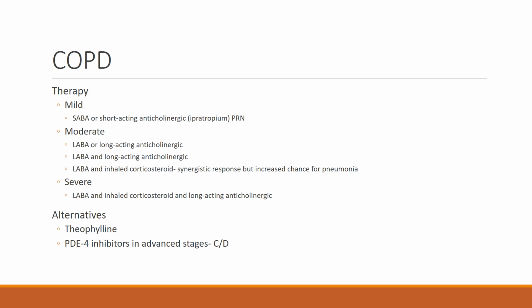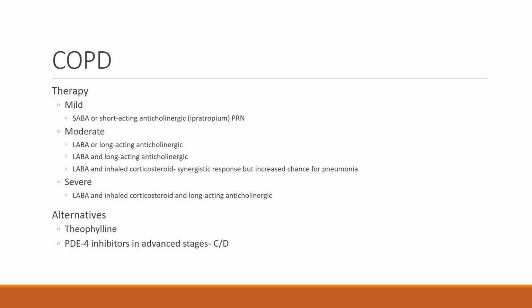There are a lot of choices, so this is where you can look at side effects, dose delivery, and what the patient's needs are, whether you go with a long-acting beta agonist by itself, which is fine in COPD, or a long-acting anticholinergic, those once-a-day or twice-a-day versions, or you may combine a long-acting beta agonist and a long-acting anticholinergic.